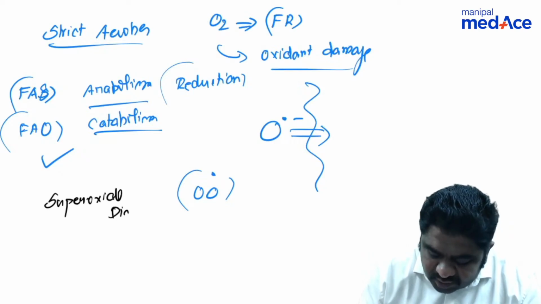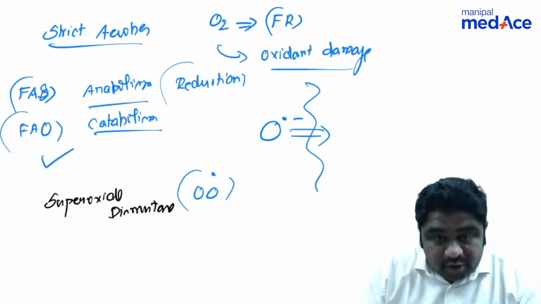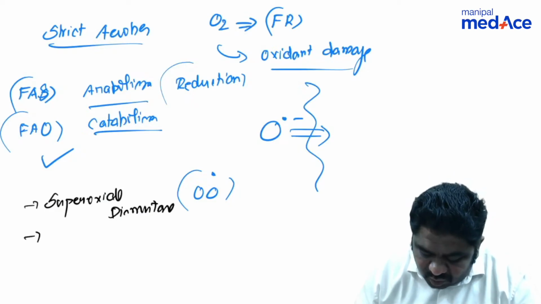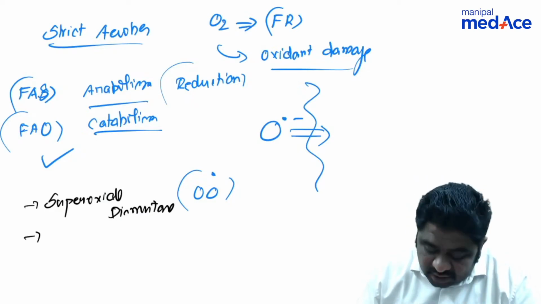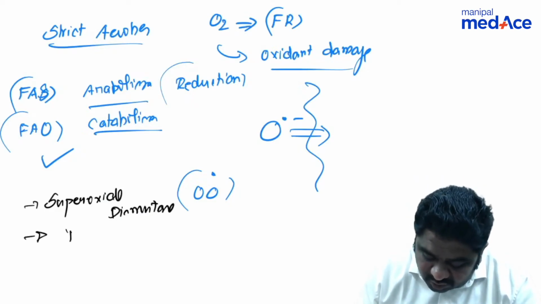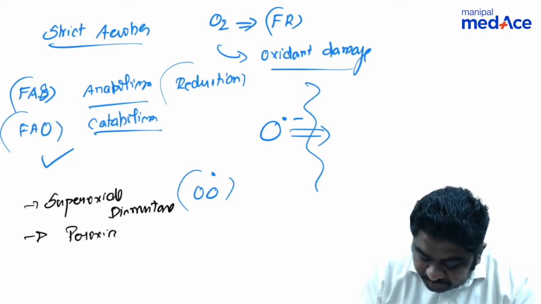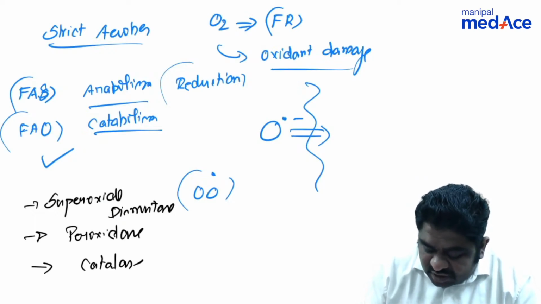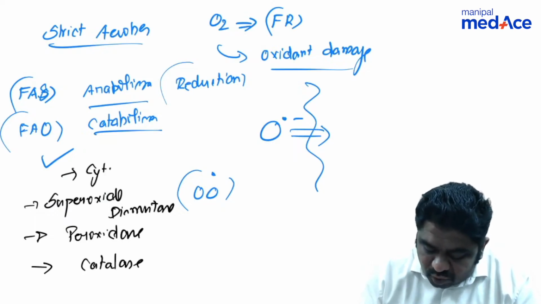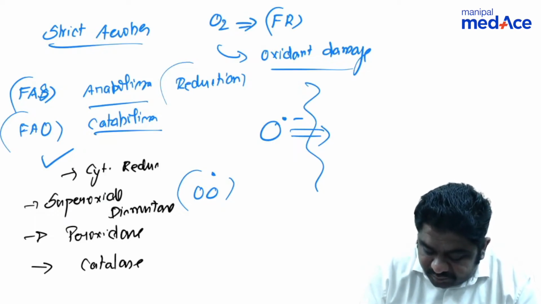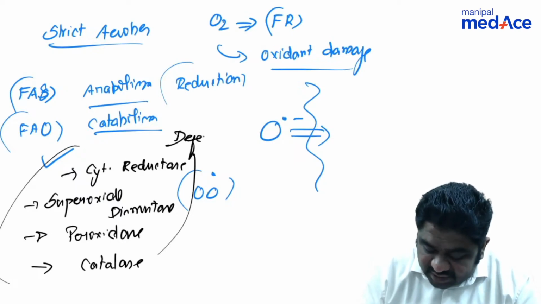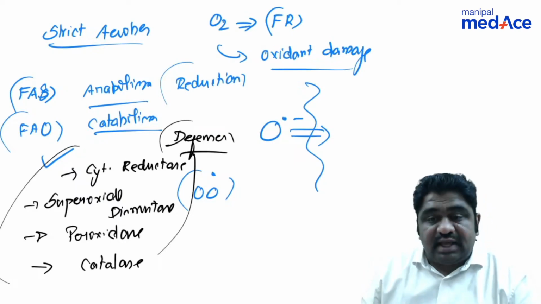Superoxide dismutase, which takes care of superoxide and converts it into a non-dangerous water molecule and OH minus. Apart from that, you can also have peroxidase and catalase. Apart from that, you also have cytochrome reductase. Now, these four enzymes are the defenses against free radicals.